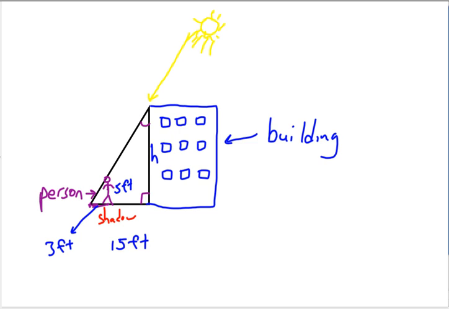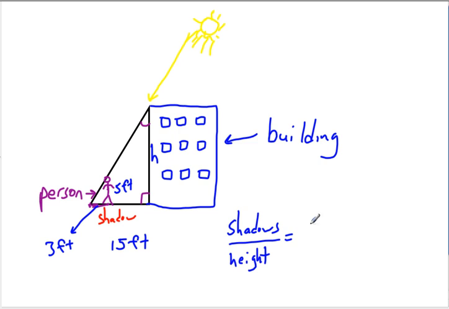But remember from the previous picture that I had, we can set up proportions to figure out this missing piece. So the proportion might be, and like I showed previously, there's a couple ways you can set this up, but let's do it like this. Let's do shadows over height.